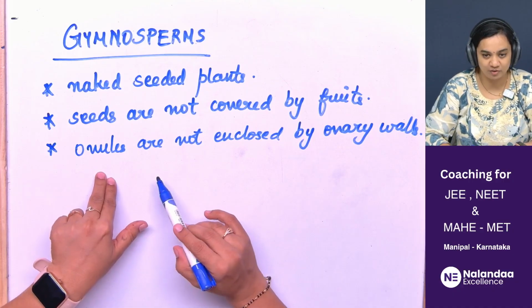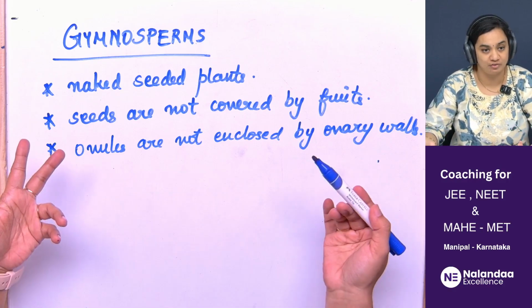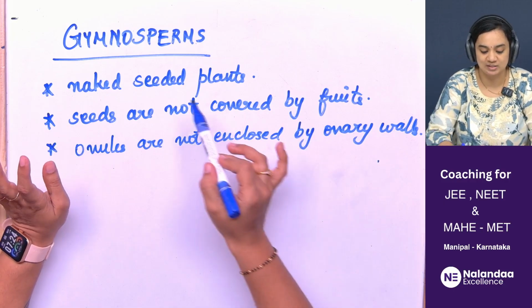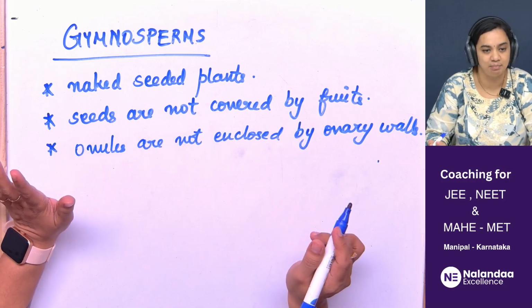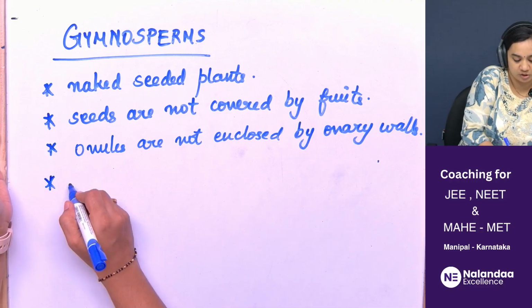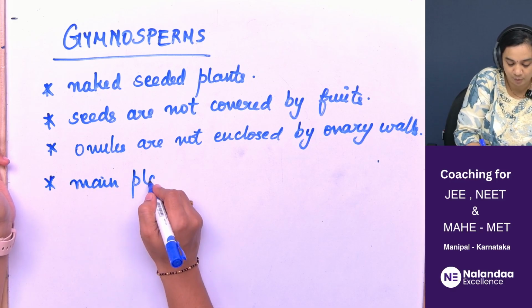Before fertilization, the ovules are not enclosed by ovary walls. Therefore, after fertilization, the seeds are not covered by fruits. Hence, we call them naked seeded plants. Is this clear? Then, again, in gymnosperms, the main plant body is a diploid sporophyte.